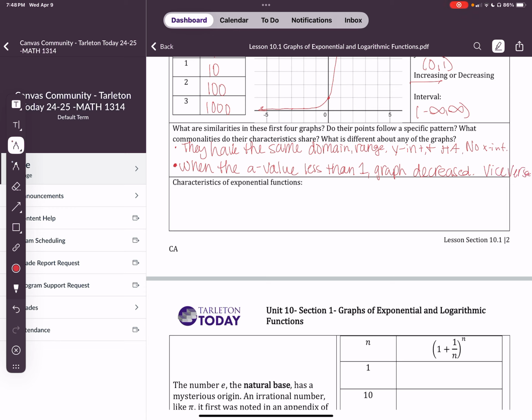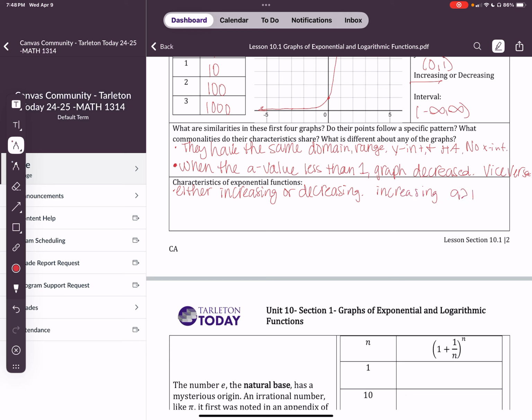All right, so some different characteristics of exponential functions. They are either always increasing or decreasing. Increasing whenever a is greater than 1.